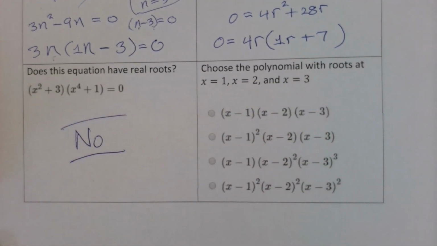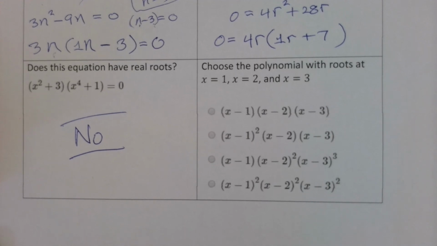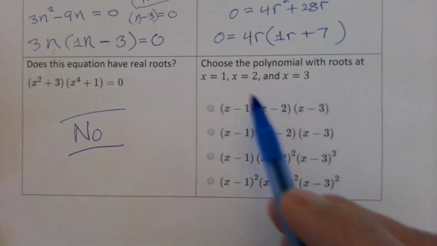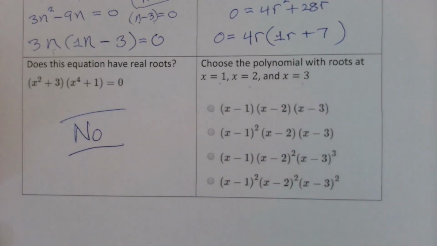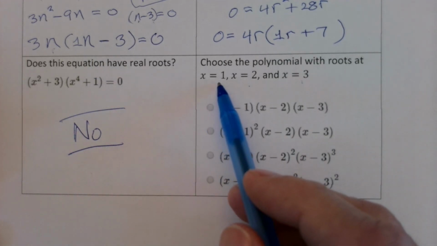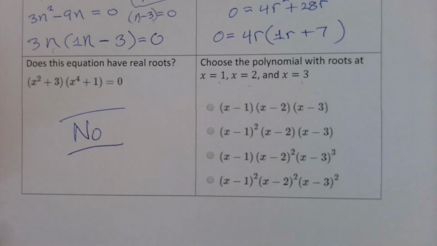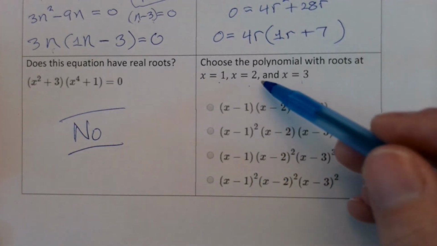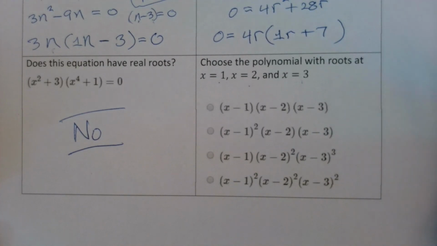No real solutions. Okay, finally, find a polynomial that has 1 and 2 and 3 as roots. Well, all you have to do is think in terms of, if this is a root, you would need a factor like x minus 1. So these are all good. If 2 is a root, you would need a factor like x minus 2.